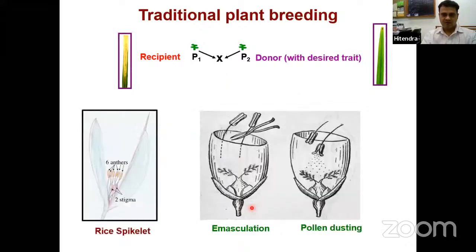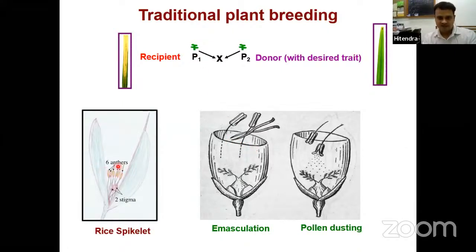So how do we do crossing in rice? If you see this rice spikelet, it has 6 anthers, which have pollen, and then it has 2 stigma. To make a cross in rice, from the recipient plant we emasculate the anthers.